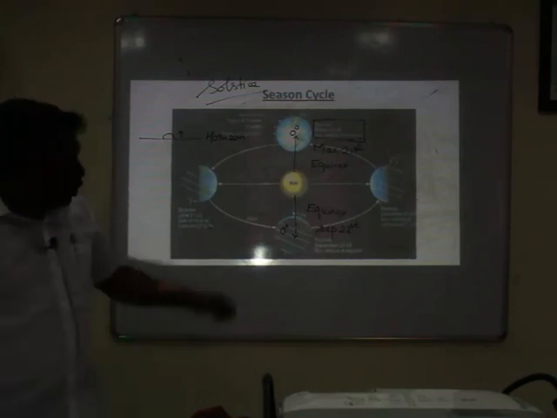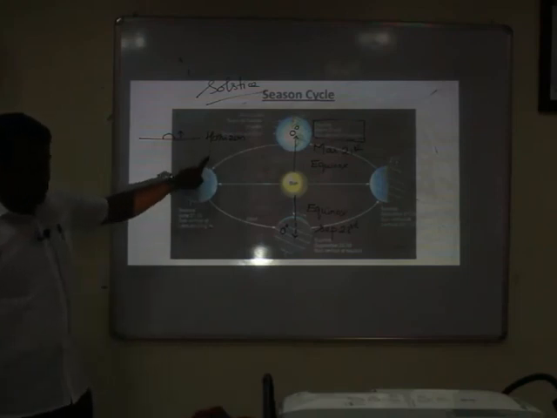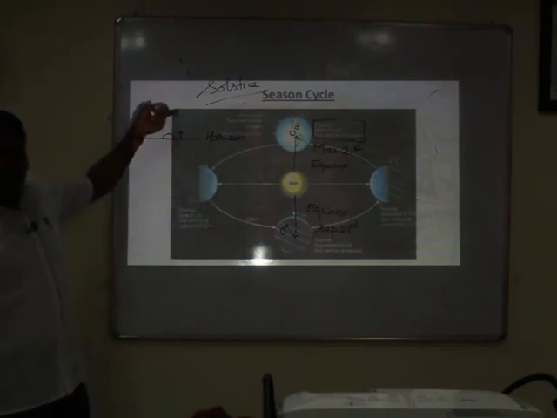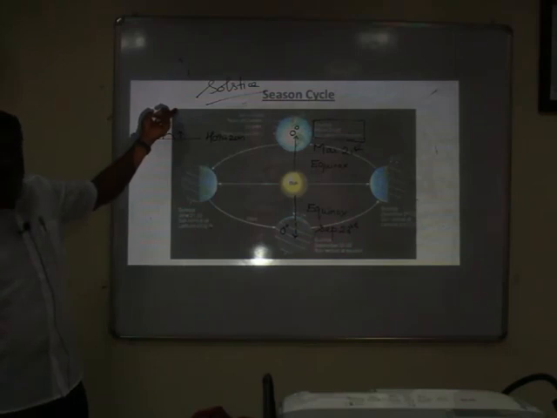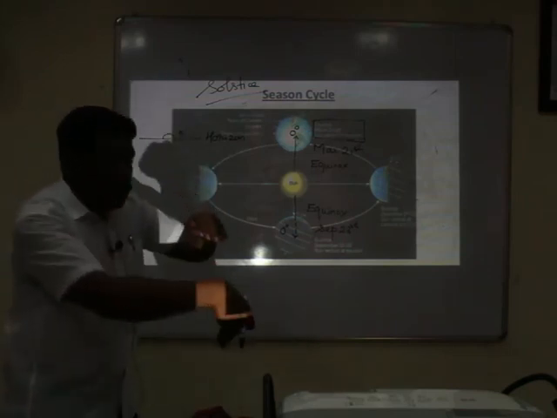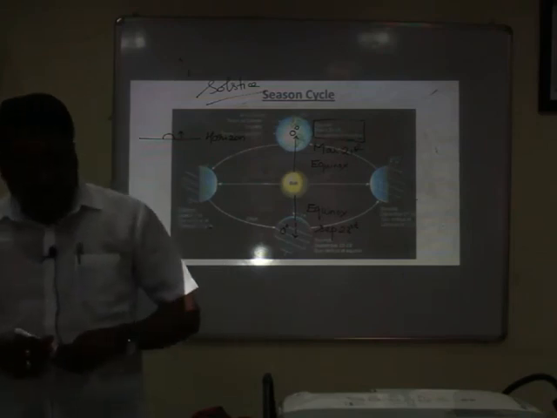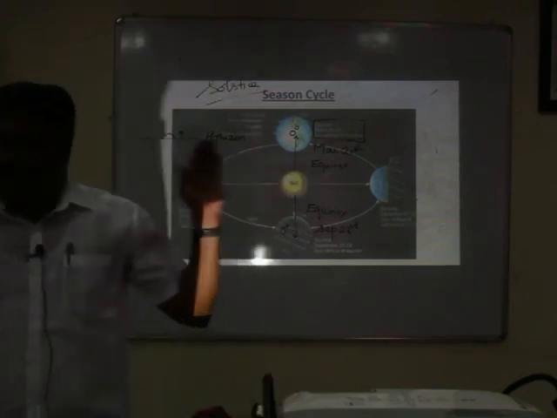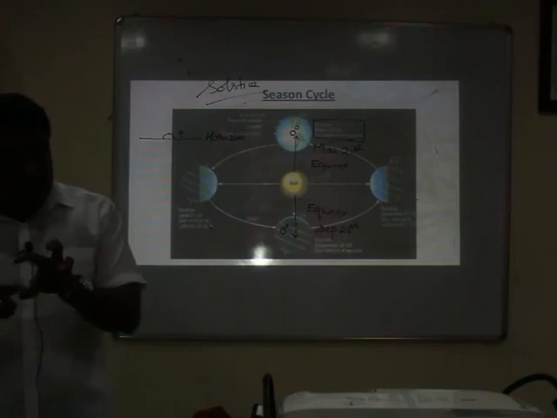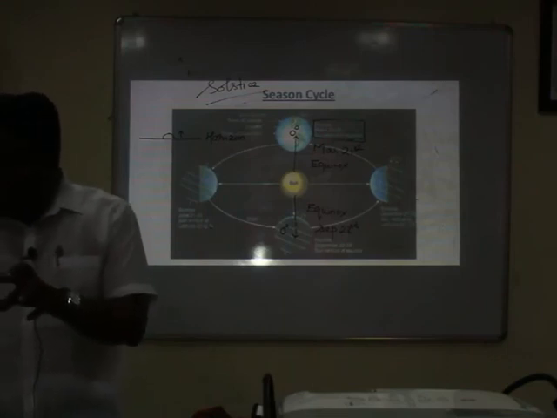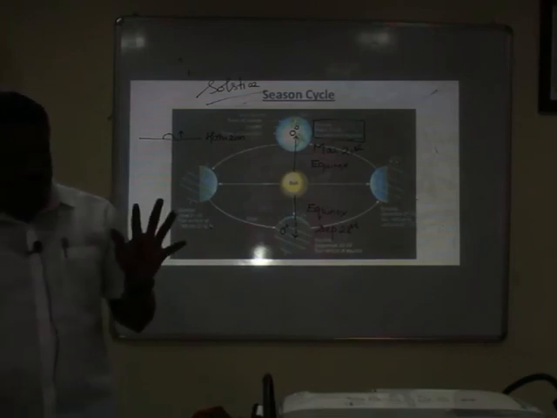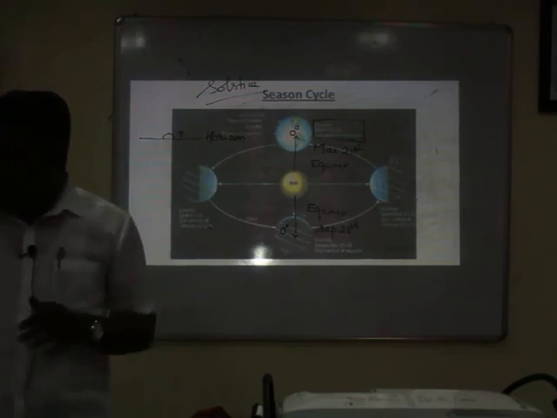That line you call the horizon. When the sun comes out of this horizon, it is sunrise. When the sun goes below the horizon, it is sunset. As simple as this. So on this day the sun will not go below the horizon. The sun will be there in the sky.